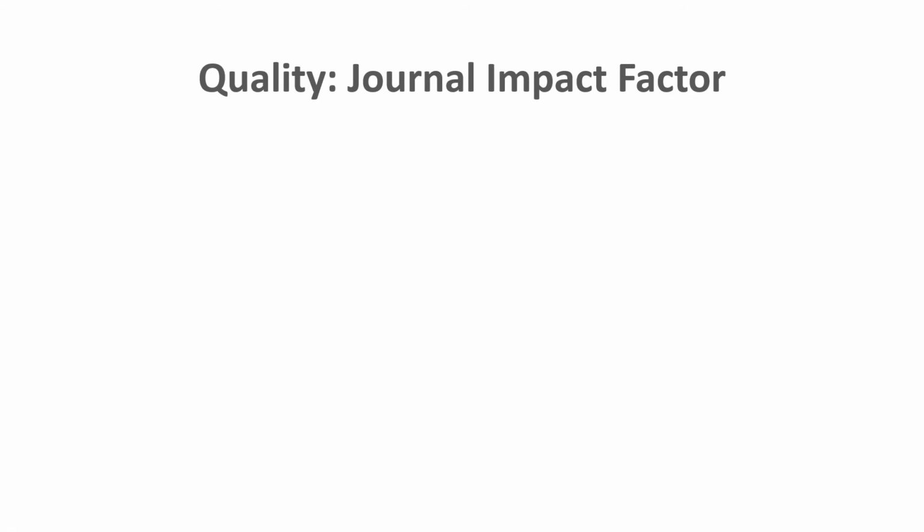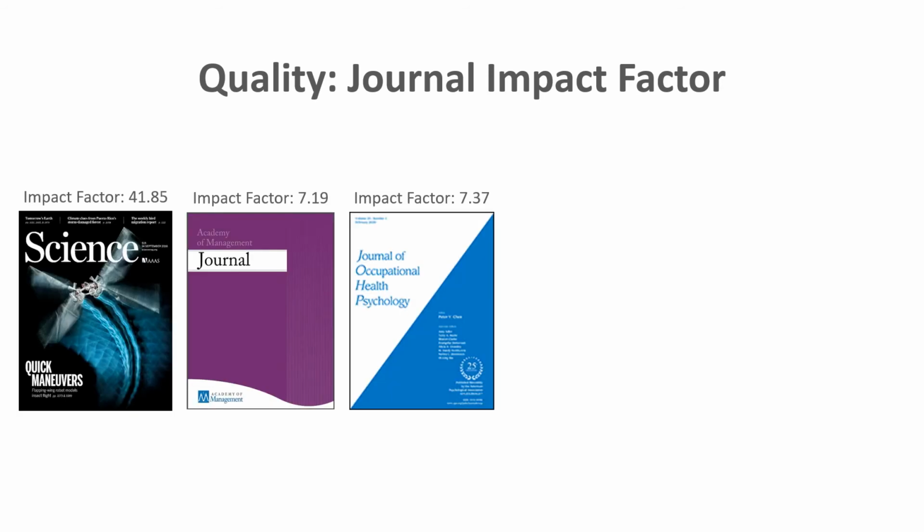So now let's talk about another quality indicator when it comes to evaluating our literature that we've found, and that is the journal impact factor. So an impact factor is an indicator of how widely read and cited the articles that are published in a particular journal are. And so the higher the impact factor, the more impactful that particular journal is with respect to citations and so forth.